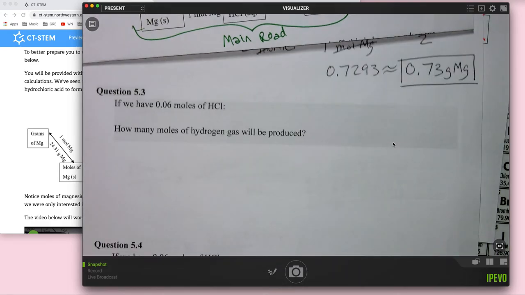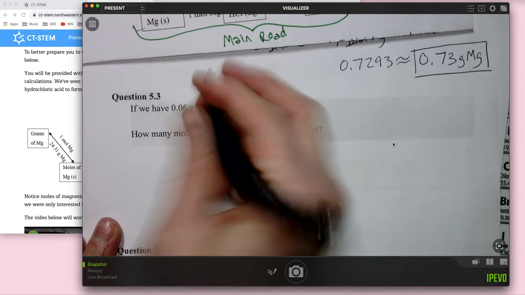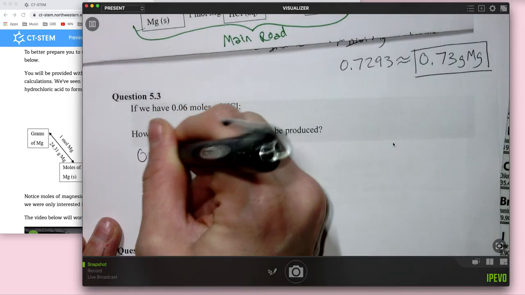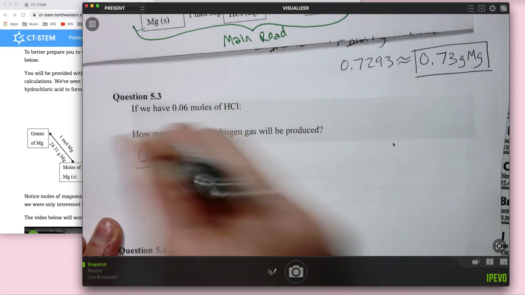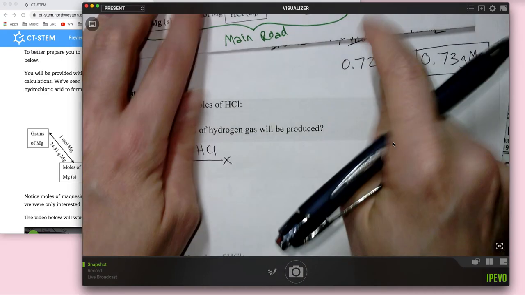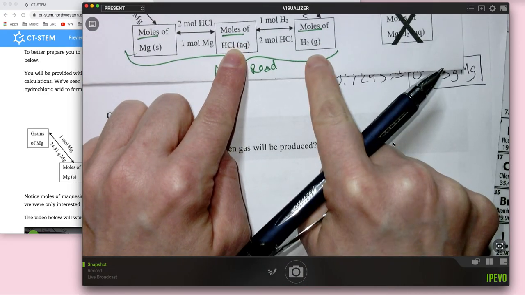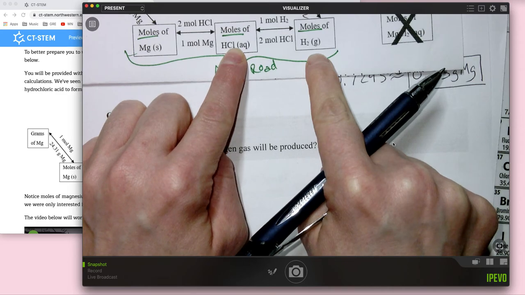Okay, so for this next one, we have 0.06 moles of hydrochloric acid again, over 1. How many moles of hydrogen gas will be produced? So I'm starting here, and I'm going here. I have 1 conversion factor that I'm going to use for this.